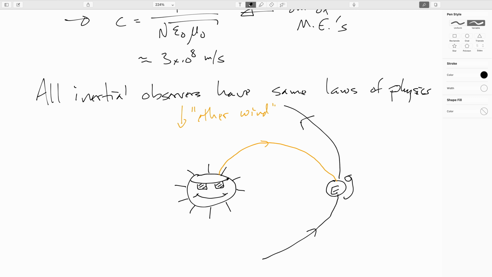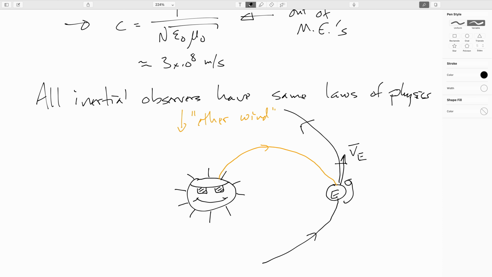So we were able to figure out to within a few meters per second, I think they got to even less than a meter per second, they figured out pretty quickly that the sun basically couldn't be moving with respect to this ether wind. But that did mean that the Earth is not in the same frame. So in the direction of its orbit, it should always be seeing a headwind of this ether.